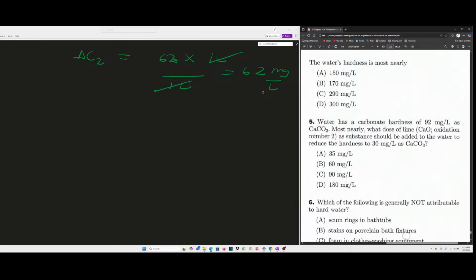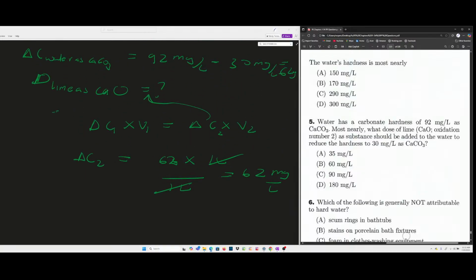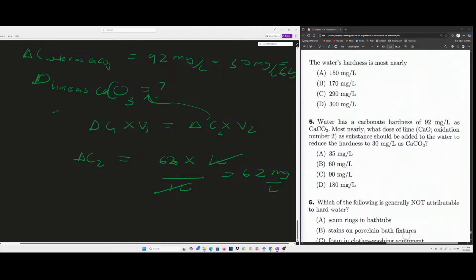When we solve for the equivalent weight of CaO, we're going to relate it to the equivalent weight of CaCO3, because this dosage we solved is for CaCO3.